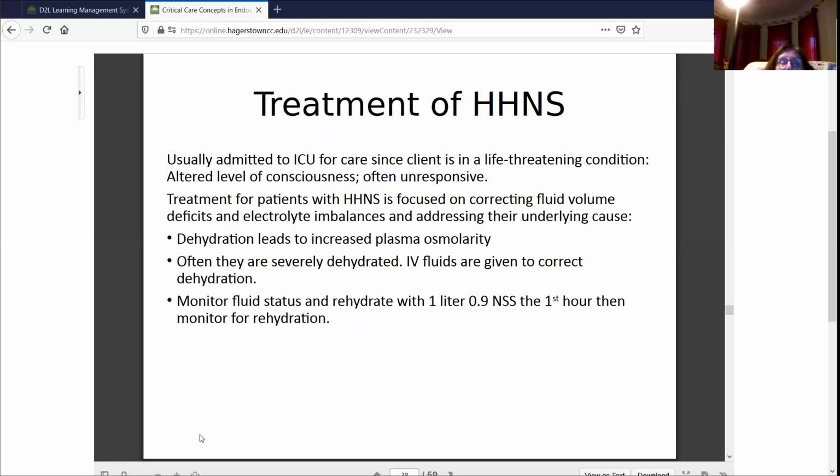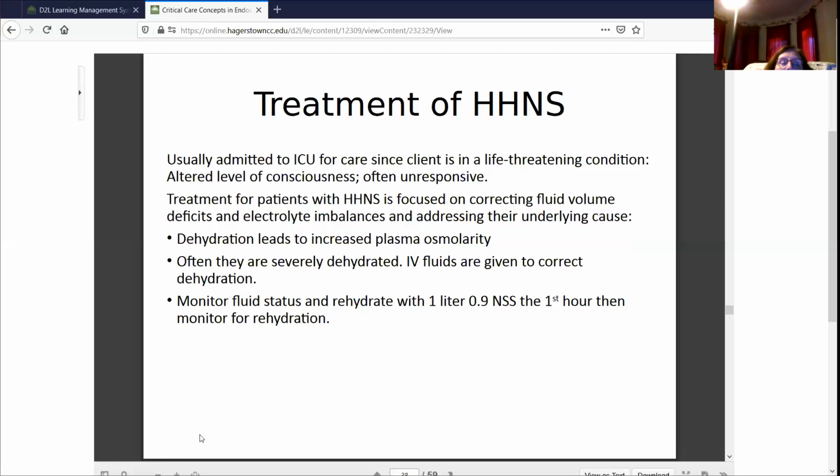So how do we treat this? They're usually admitted to the ICU since it's a life-threatening condition. They often have an altered level of consciousness, often unresponsive. The focus in treatment is on correcting fluid volume deficits and electrolyte imbalances and addressing the underlying cause.